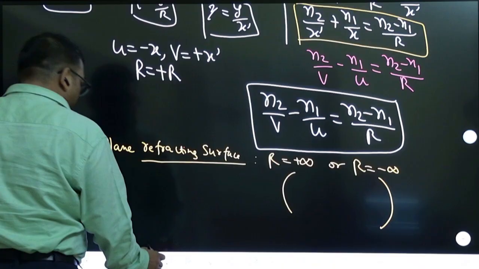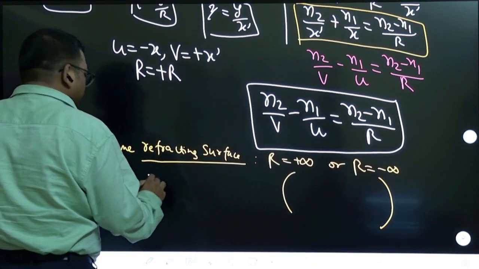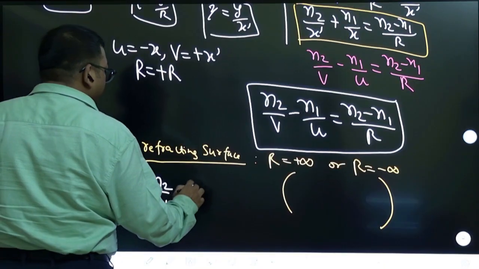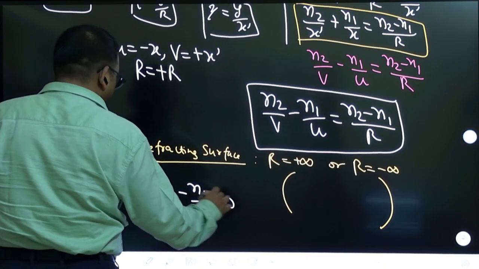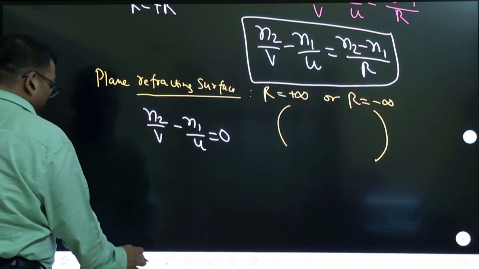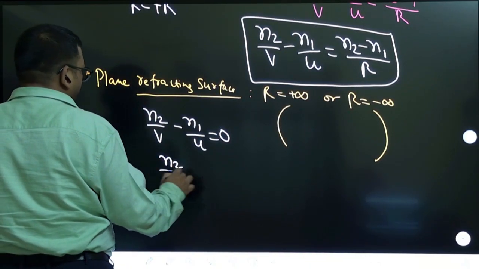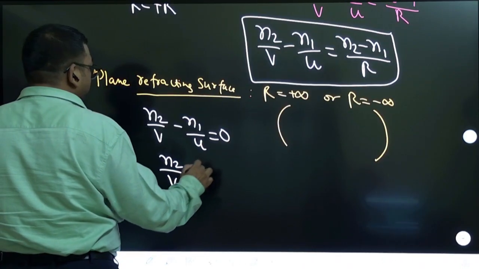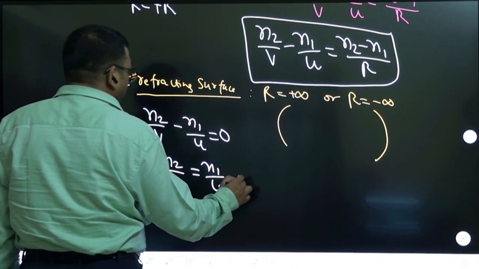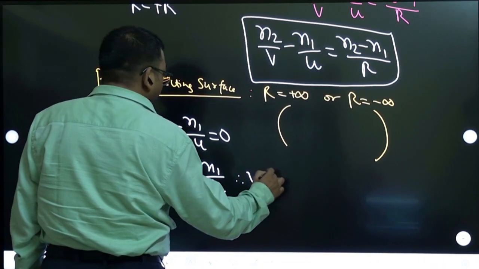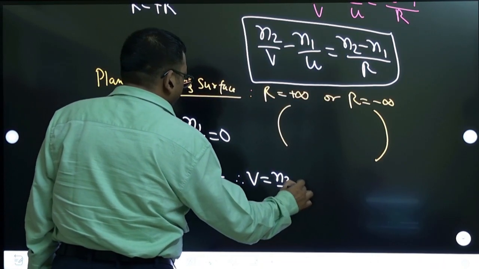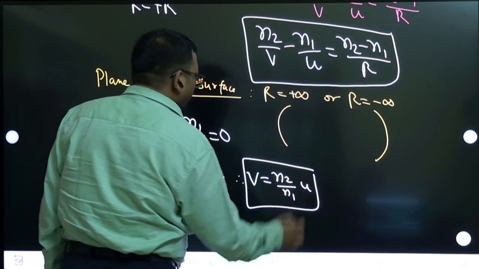So for a plane surface you get n2 by v minus n1 by u equal to 0, and this is what we proved last class. So n2 by v is equal to n1 by u, then v is equal to n2 by n1 into u. This is a very important formula for a plane surface.